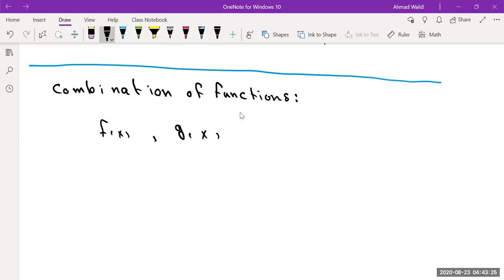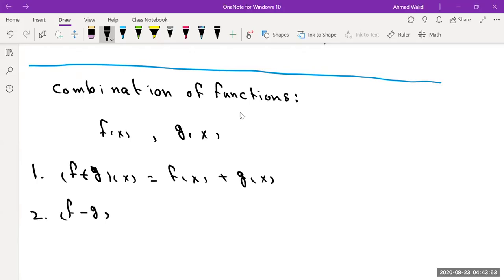For example, if I add these two functions, it means f plus g of x, you are adding these two functions: f of x plus g of x. Or you can do f minus g of x, the four operations. It means f of x minus g of x.